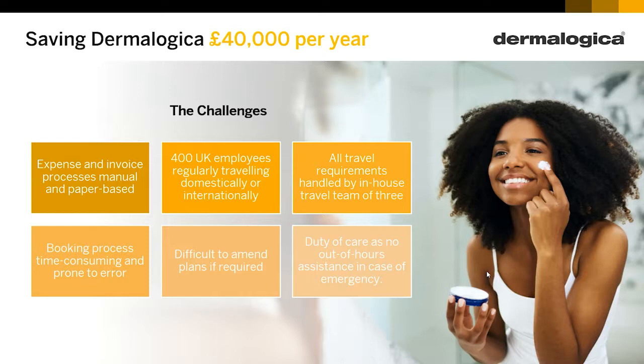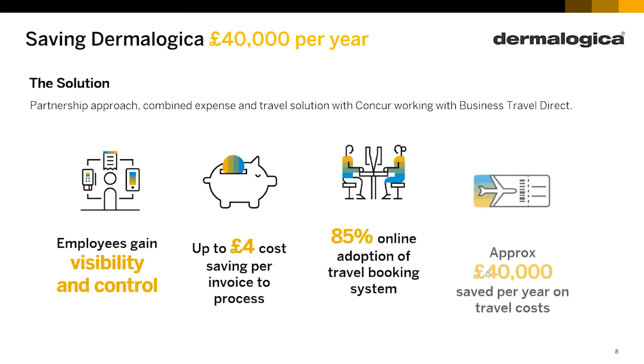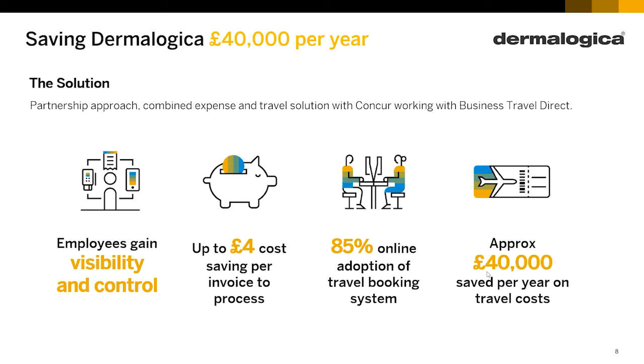So what was the solution? Dermalogica chose to work with Business Travel Direct and SAP Concur as the solution to all of these issues through a combined travel and expense platform, as well as Concur Invoice. Now, the result of these changes, there have been significant cost savings, both from a reduction in travel costs and also, importantly, savings through the processes of invoicing.